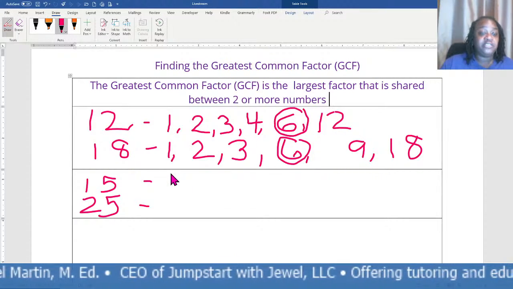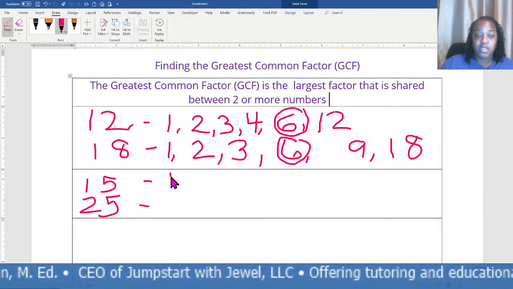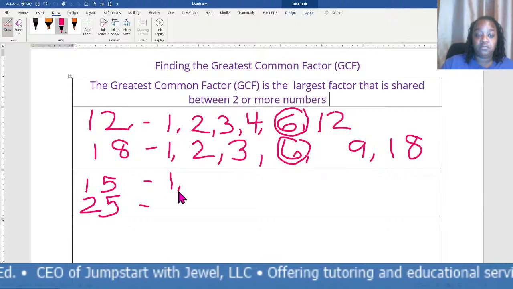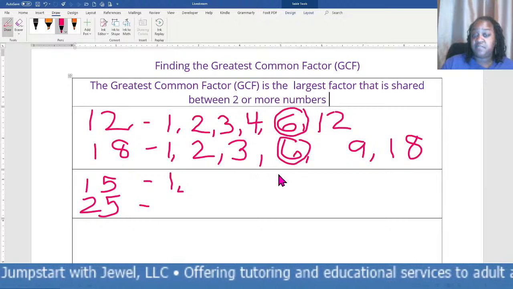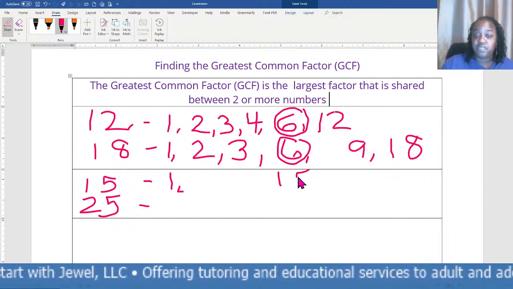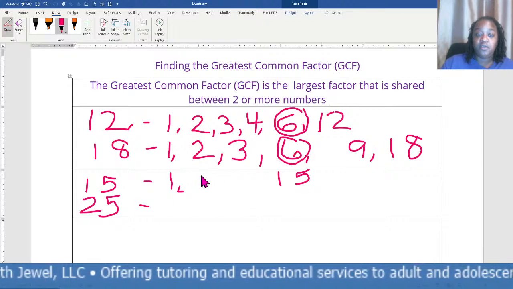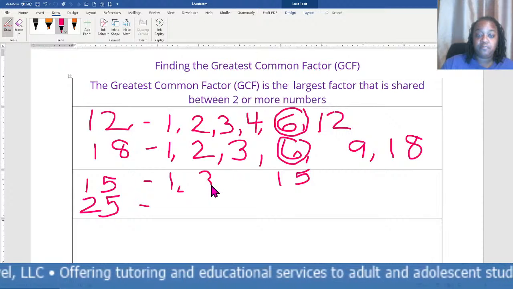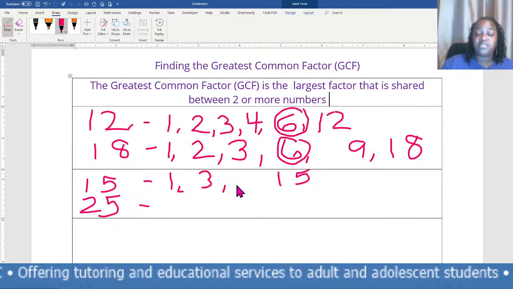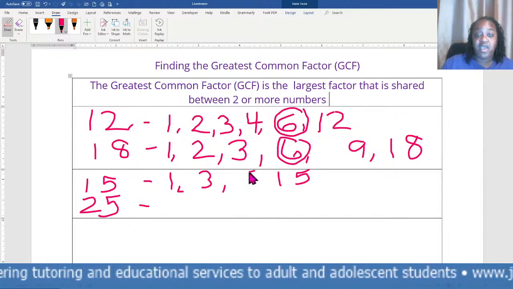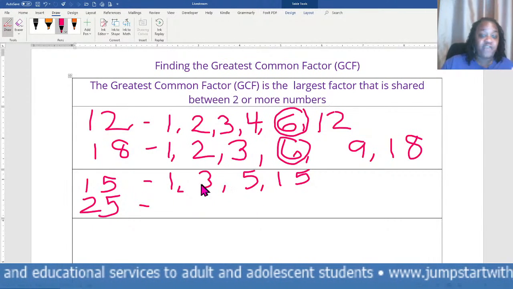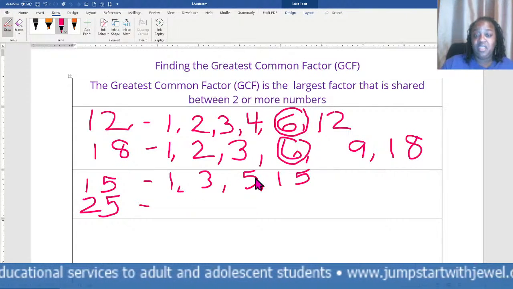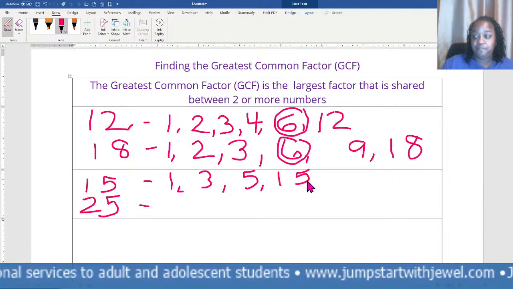What are the factors of 15? 1, of course, is always going to be the first one. 1 times 15 equals 15. And then you've got 3. What number times 3 equals 15? 5. So 15 only has 4 factors: 1, 3, 5, and 15.